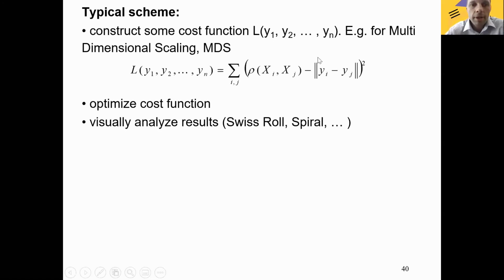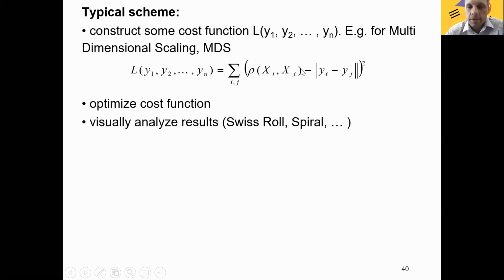And actually, we can formulate these requirements in this way. We take this distance and compare it with the distance in the new two-dimensional space. And then we optimize this functional with respect to vectors yi, yj for all pairs of images such that this functional is small.